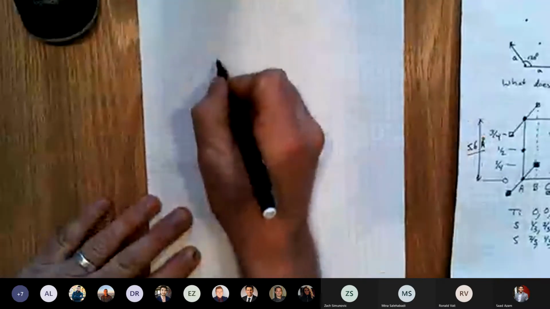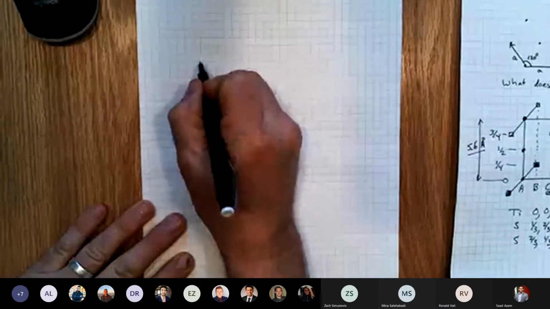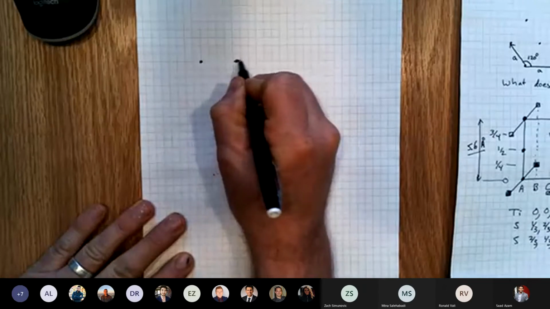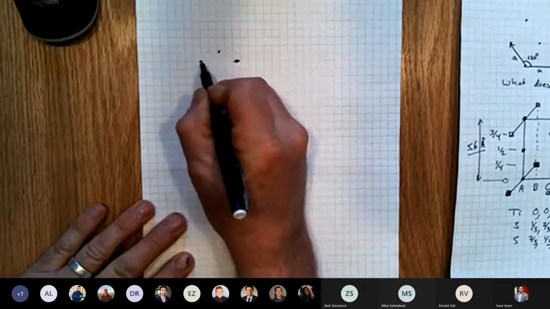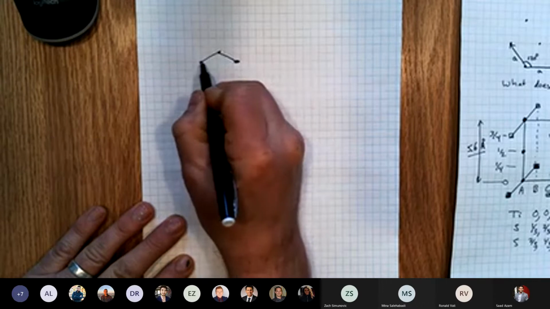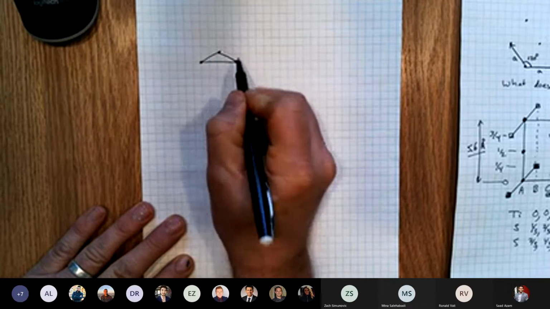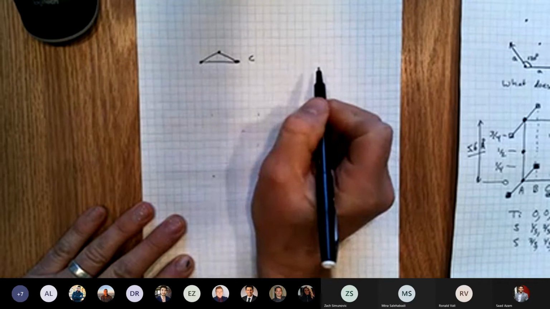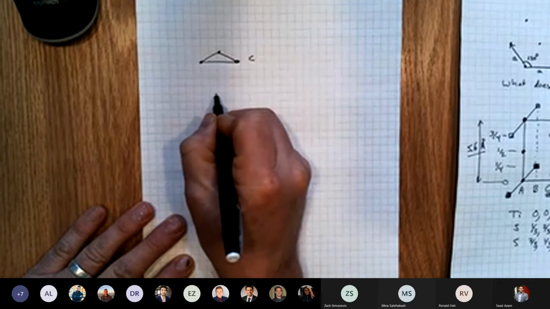So the octahedral site would look sort of like this. I'm drawing in perspective view now. Those are 3 atoms, say from the C layer, which would be on top. And then we have to draw 3 atoms from the B layer, which would be below.